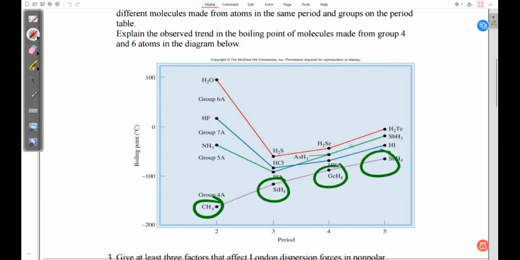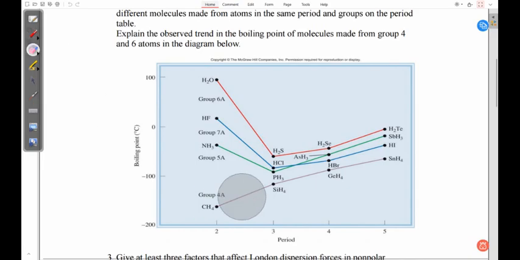Being non-polar, they possess only London dispersion forces, which increase with the size or the molar mass, leading to a gradual increase in the boiling point. So group 4 molecules shown on this diagram are all non-polar, possessing only the London dispersion forces, or the van der Waals forces of attraction.